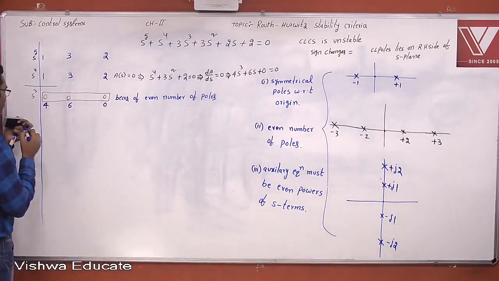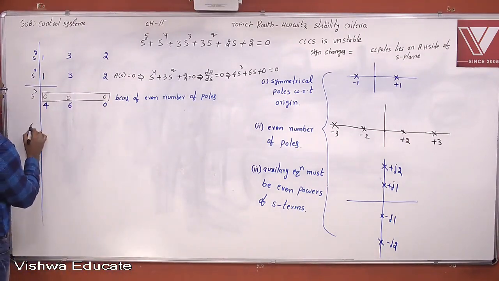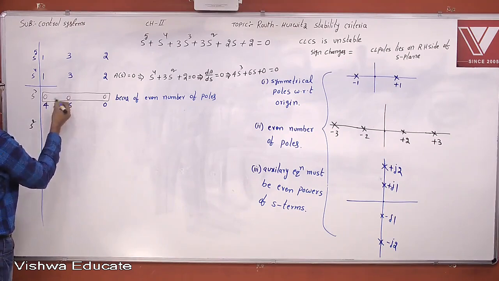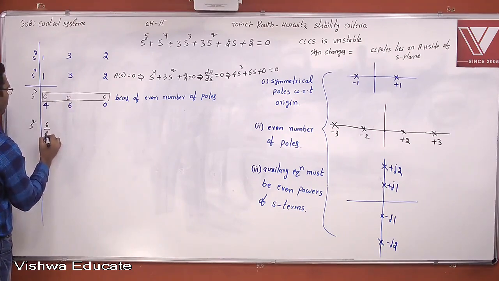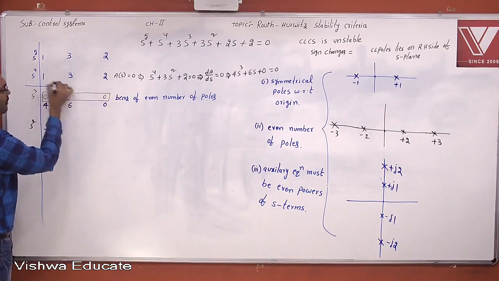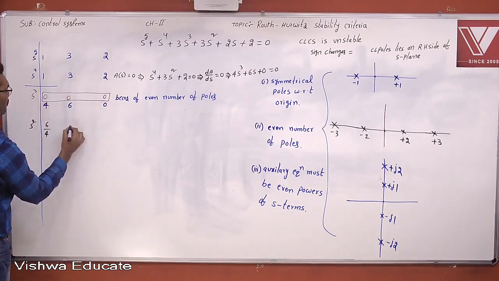Now the continuation of the tabular form: s square is nothing but 4 into 3, 12, 12 minus 6, 6 by 4. Now 4 into 2, 8, 8 minus 0, 8 by 4, 2, 0.